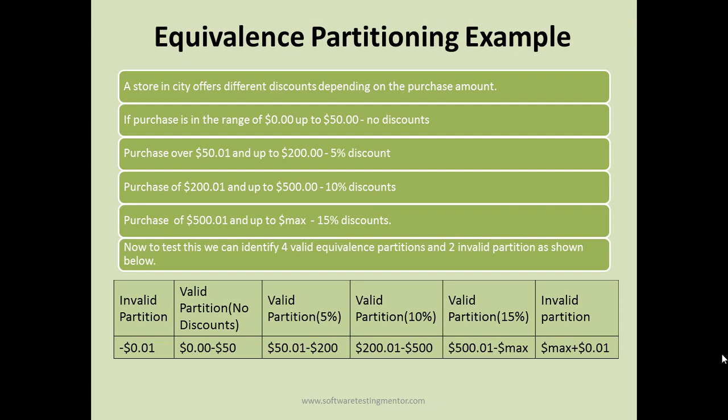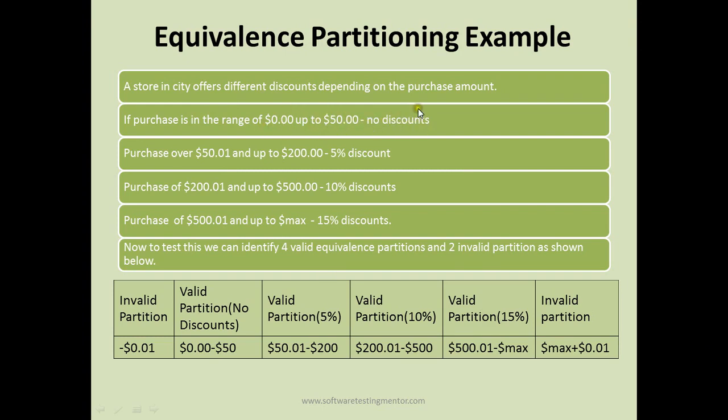The right approach is to design your test cases using equivalence partitioning properly and then test each valid and invalid partition. We have seen that, the second line on this page, if the purchase is in the range of 0 up to $50, then there are no discounts.